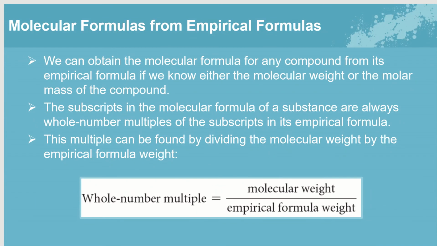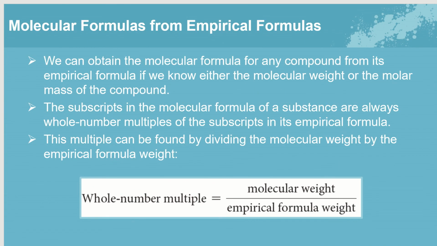All right, so what's the point in getting an empirical formula if we cannot convert it to our molecular formula? So how do we do this? Well, we can obtain the molecular formula for any compound from its empirical formula if we know either the molecular weight or the molar mass of the compound, which is basically the same thing.